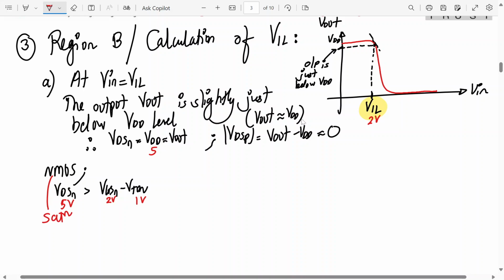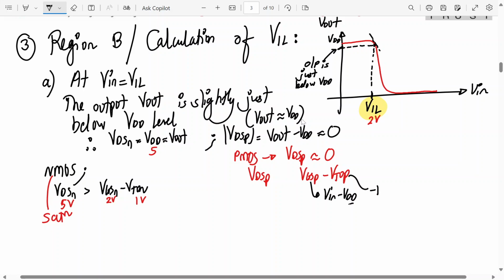What about the PMOS transistor? My PMOS transistor VDSP is almost around 0. So is VDSP greater or less than VGSP minus VTOP? VGSP is Vin minus VDD, where VDD is 5 and Vin is VIL, that is 2 volt.